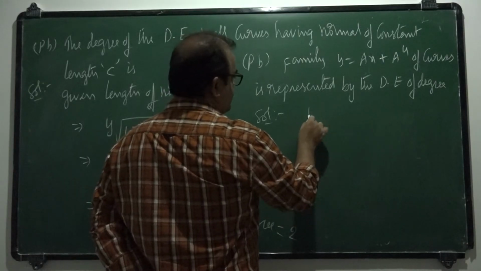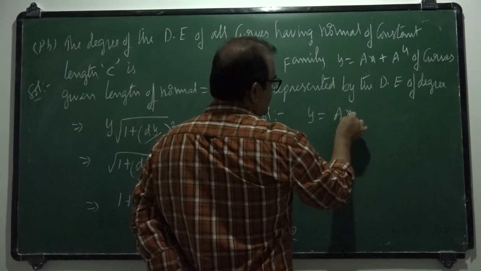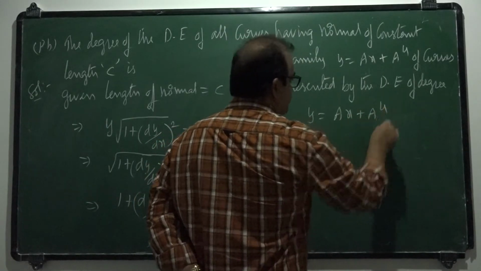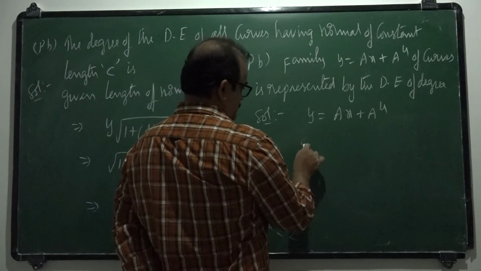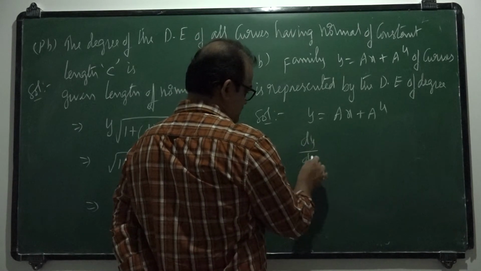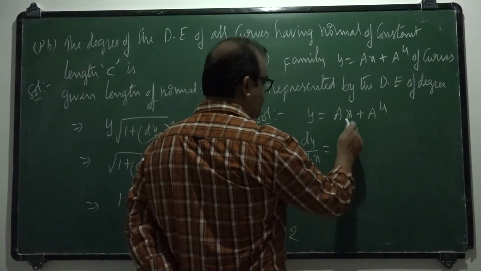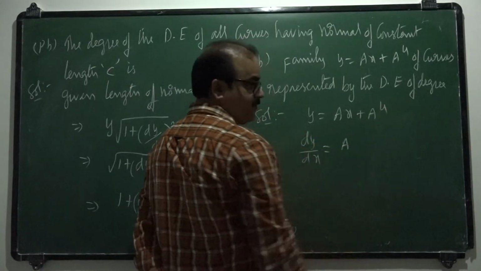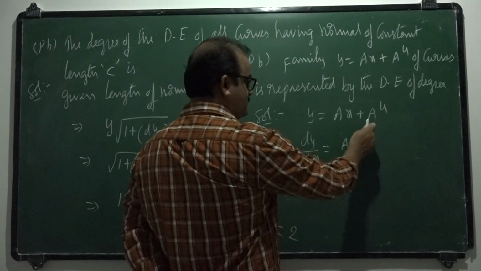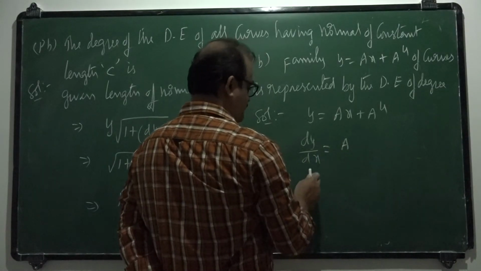What is the given equation? Given set of curves y is equal to ax plus a power 4. Now taking derivative on both sides, dy by dx is equal to a into derivative of x which is 1, plus derivative of a power 4. a is constant, so its derivative is 0. So dy by dx is equal to a.